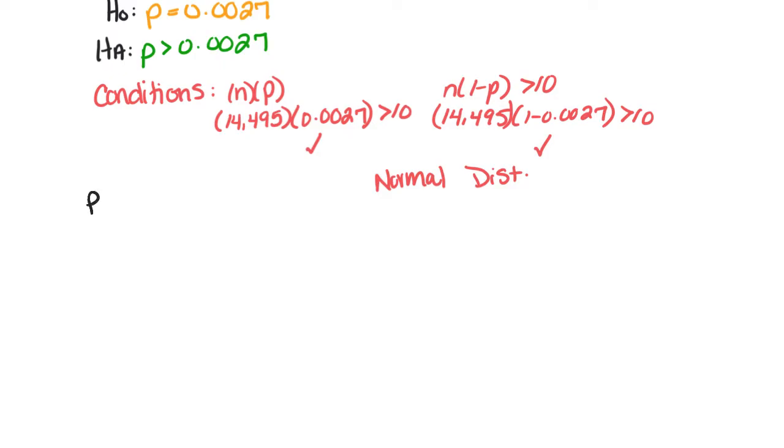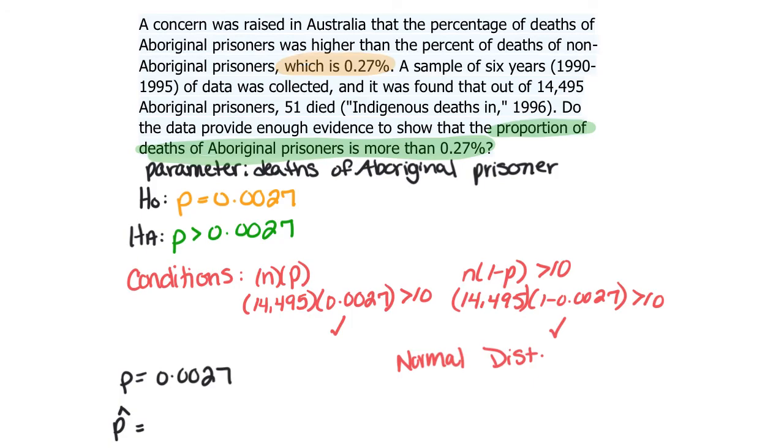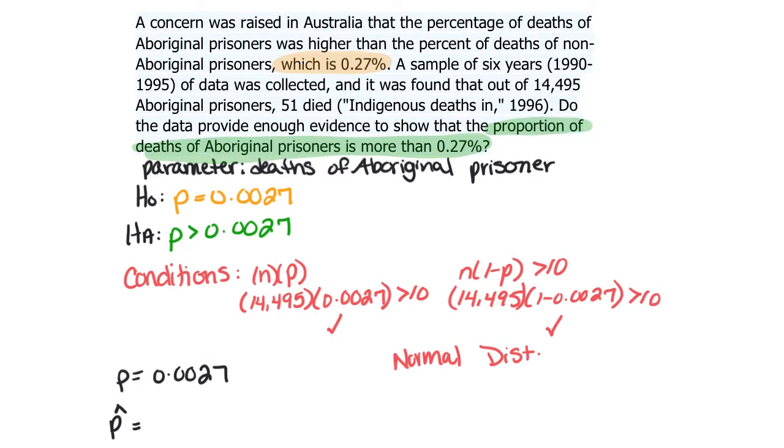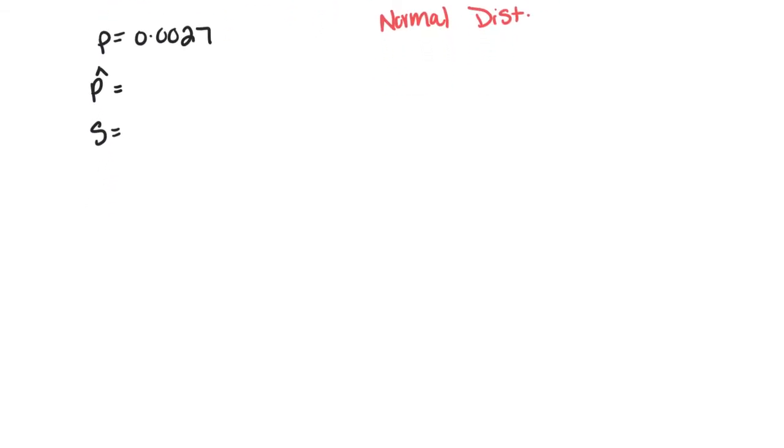I'm going to look at my population parameter, which is given. I'm also going to look at my sample proportion and my sample standard deviation. So if I come back to my word problem, my sample proportion is going to involve the 51 out of 14,495.